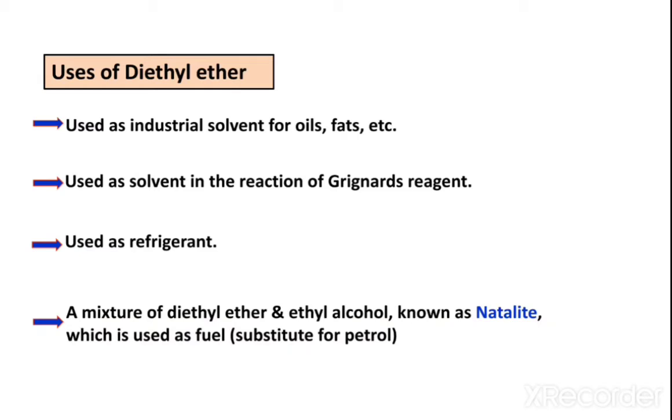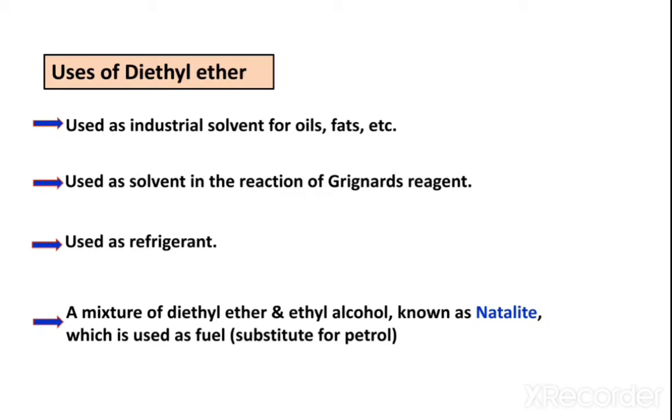Then we discuss the nomenclature of ether. It has two methods, common name and IUPAC nomenclature method. In the common name, the ethers are named from the two groups attached to the oxygen atom of the ether linkage, and according to the IUPAC system, the ethers are named as alkoxyalkanes.